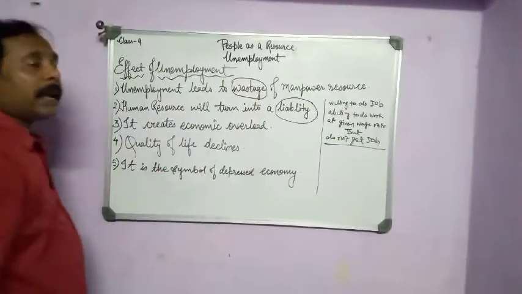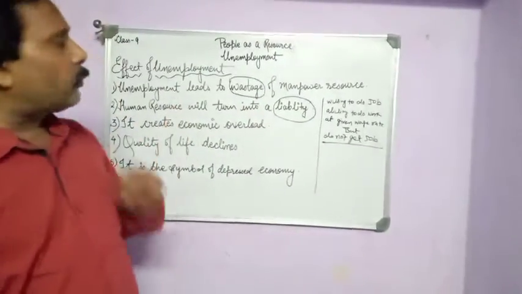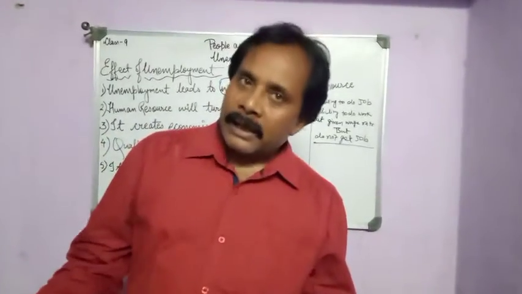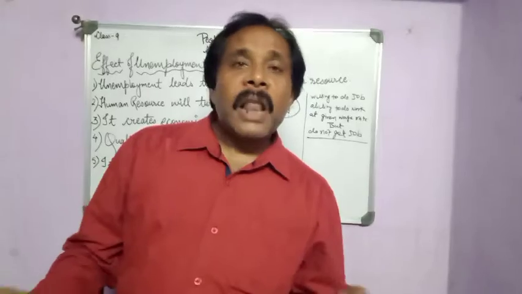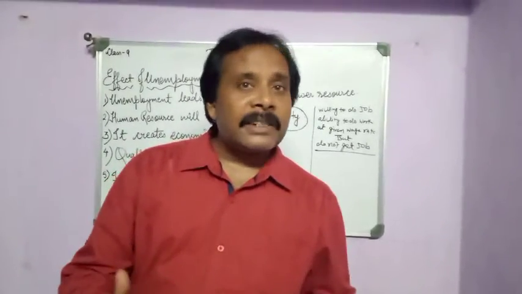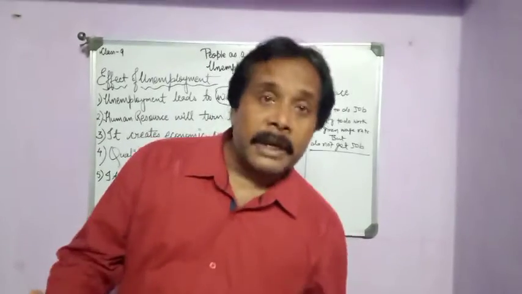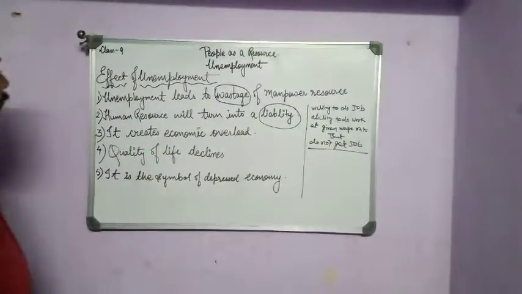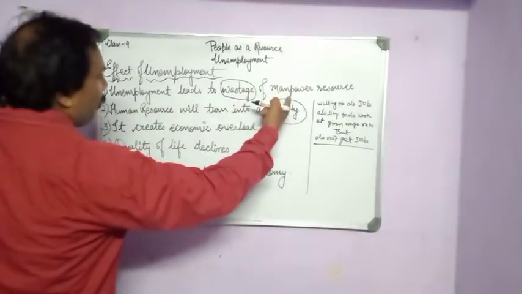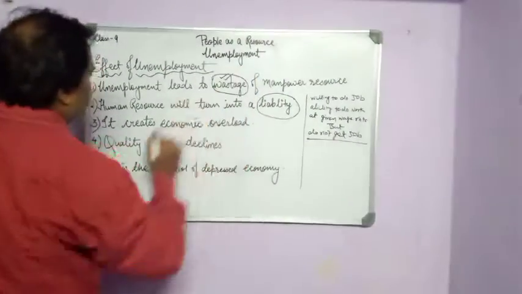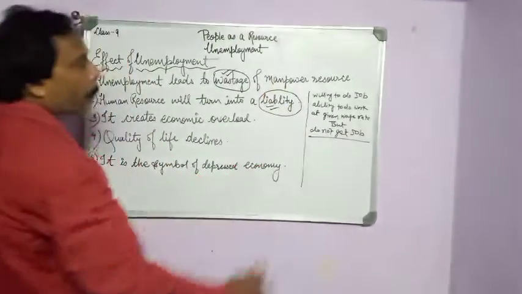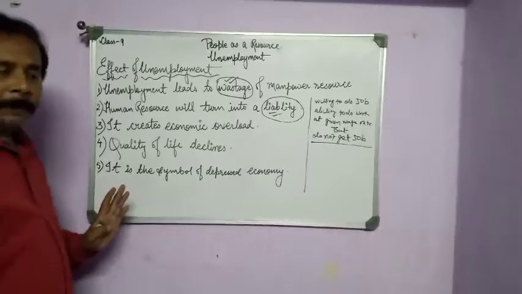In this chapter we have discussed two common words: assets and liabilities. Liability is a kind of burden, whereas assets always generate income. So if this human resource is not properly utilized, it will turn into a burden or liability.